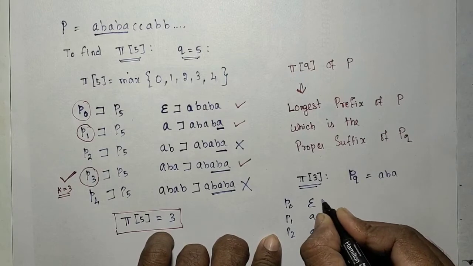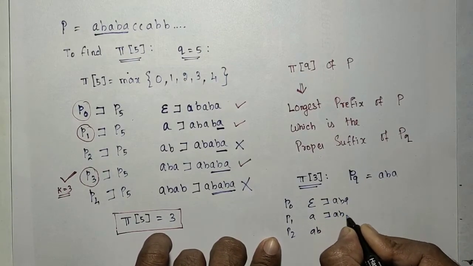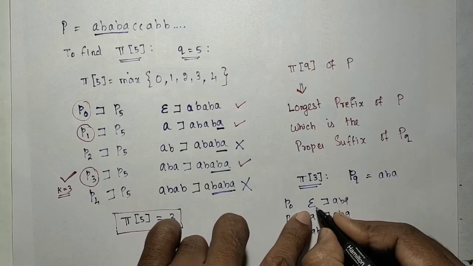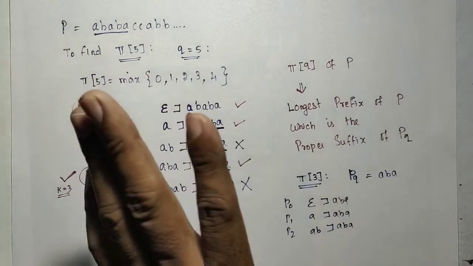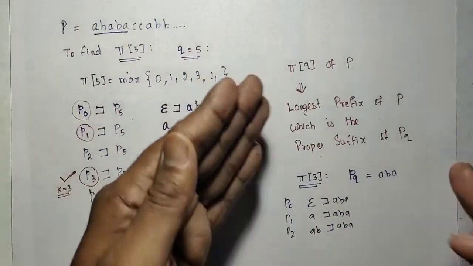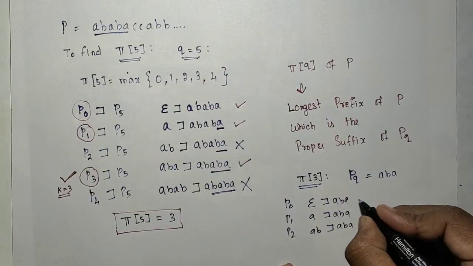We need to check which of these is a suffix of ABA. By default, epsilon, the empty string, is a suffix of any string, so it is always true.